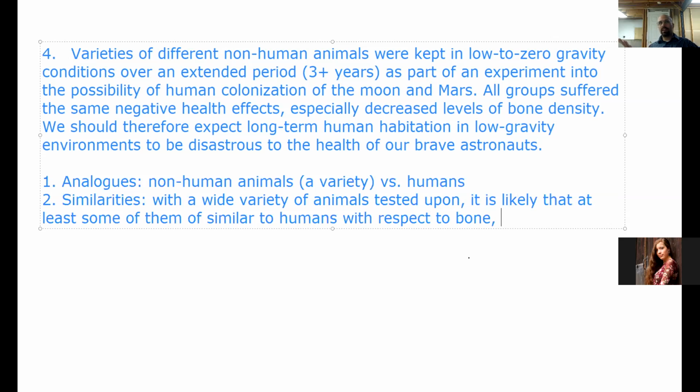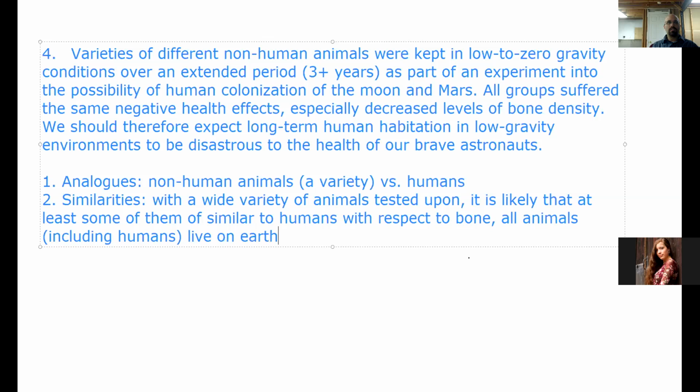Also, other similarities in this case, all animals, including humans, live on Earth currently, and are exposed to Earth's normal level of gravity.